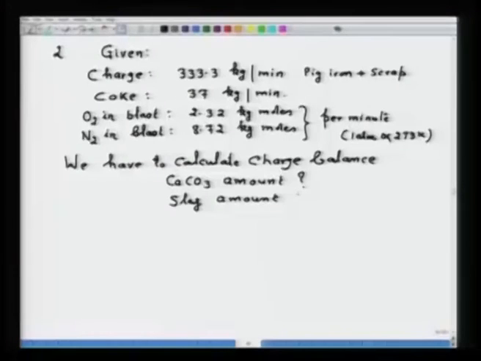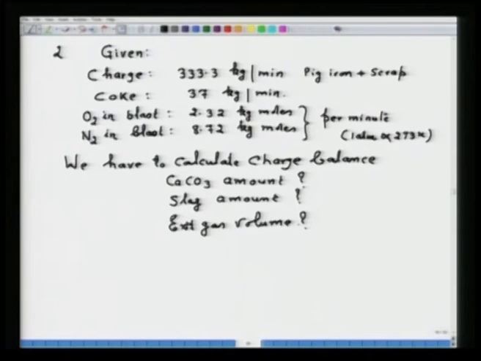Here it is not specifically asked what you should calculate, but you should still calculate completely, so that input and output match each other. So, slag amount is also not known. Exit gas volume is also not known. Then the amount of cast iron is also not known. So, these are the quantities that you have to calculate.